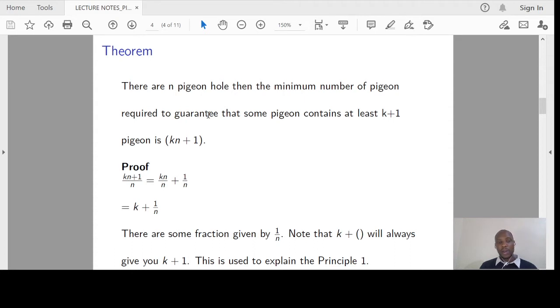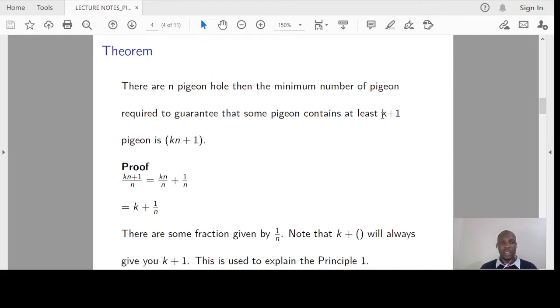Let's define the theorem so that I will explain the examples later. There is a theorem, and this states that if there are n pigeonholes, then the minimum number of pigeons required to guarantee that some pigeonhole contains at least k plus 1 pigeons is kn plus 1, that is k times n plus 1.